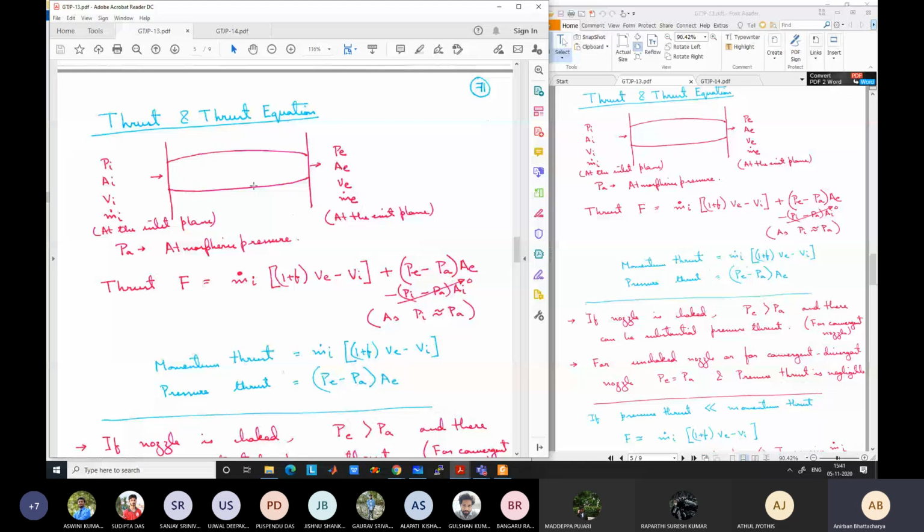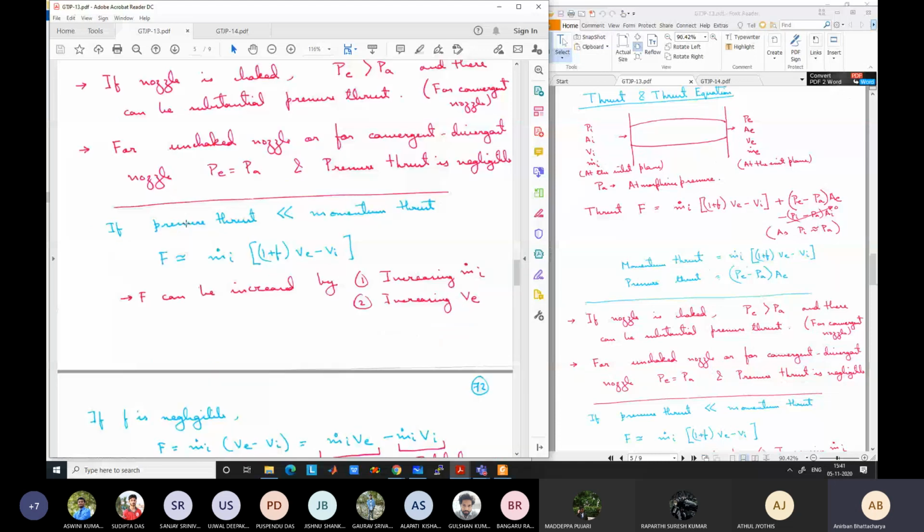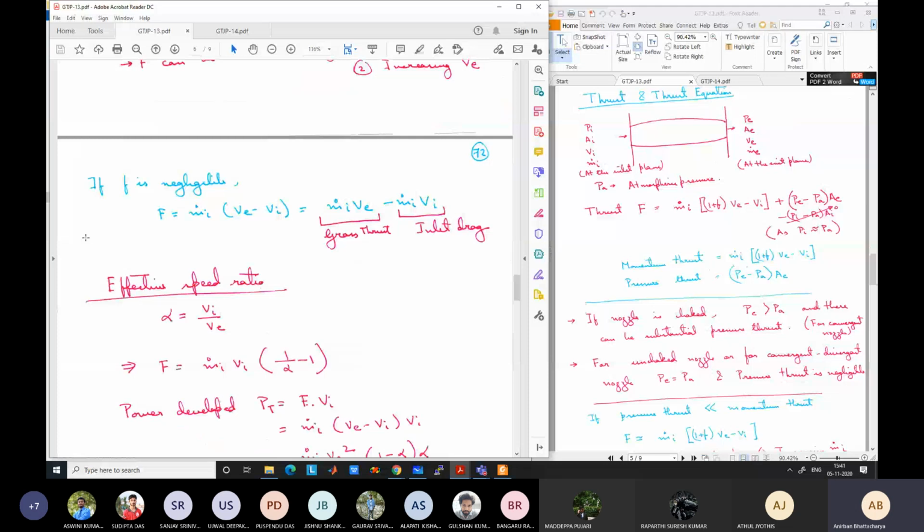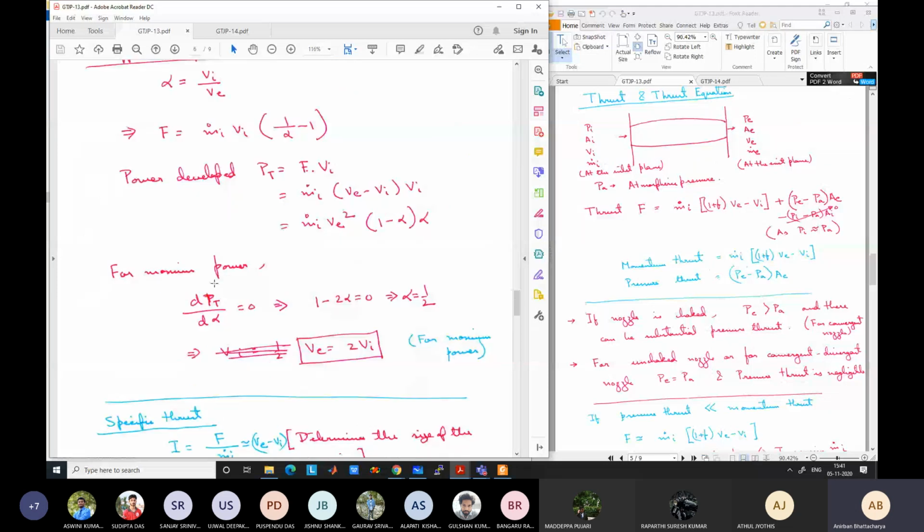This ratio is known as the effective speed ratio, and based on this we have found an optimum power also, which occurs when the exhaust velocity of the engine is twice the inlet velocity. Then we have also defined a term called specific thrust, which is the thrust generated per unit mass flow rate.